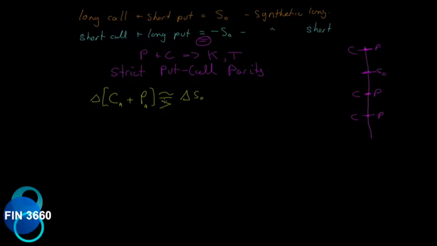So let's take an example, and let's say that this goes up by $1. The change in the call and put will go up by a little more than $1, but not much. It'll be somewhere around $1.01, and I've seen it as high as $1.04, $1.05.